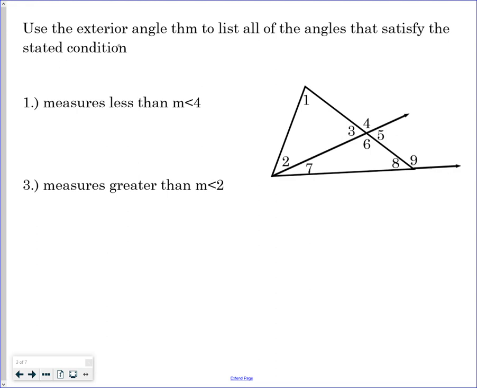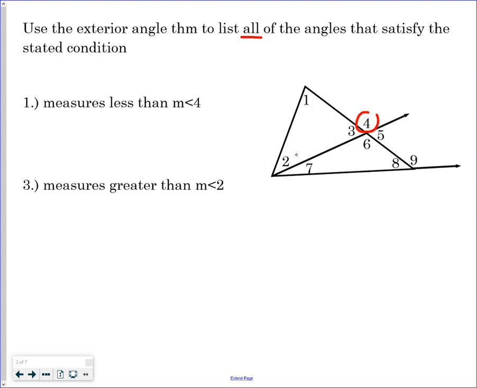All right, use the exterior angle theorem to list all the angles, all of them, that satisfy the stated condition. They said measures less than angle 4. So here's angle 4, right? It's on the exterior of this triangle here. What's angle 4 bigger than? Let's say it that way. What are my remote interior angles? 1 and 2, right?